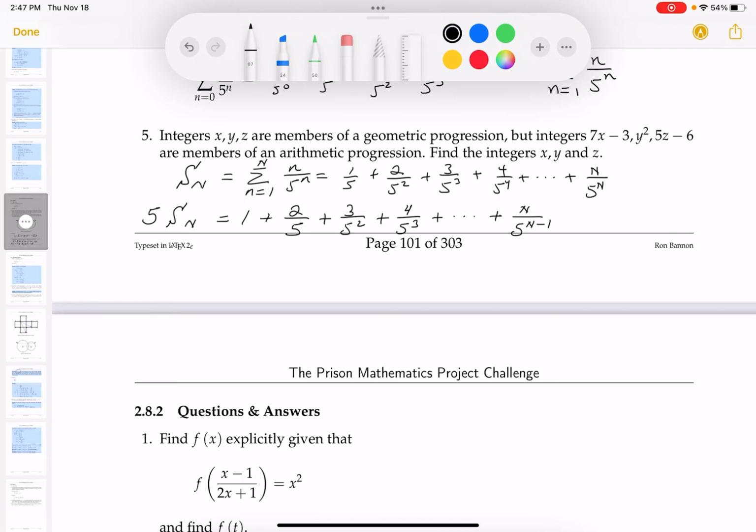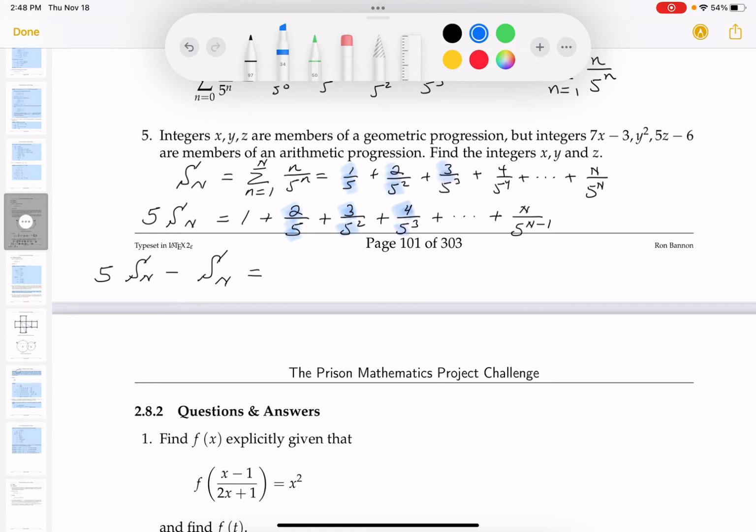All right? So what I'm going to do now is take 5 S_n and subtract S_n. All right, let's take a look and point out what I'm looking at. I'm looking at terms that go well together. I'm just highlighting these terms over here.